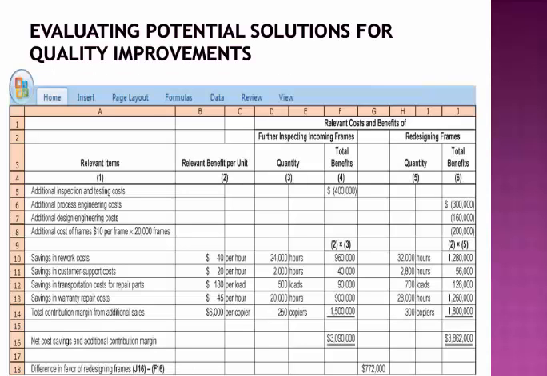But we are going to save 32,000 hours at $40 per hour in rework, 2,800 hours at $20 an hour in customer support, 700 loads at $180 in transportation for those repair parts, and 28,000 hours at $45 an hour in warranty repair cost. Extending that out, it's a much larger number in savings.